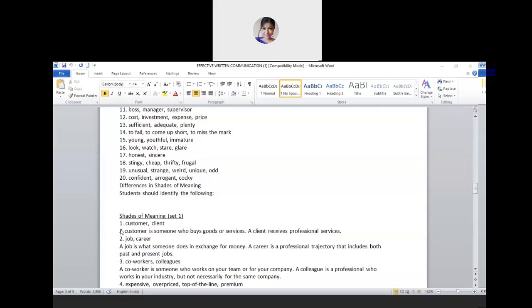So if you are a lawyer and a person comes to you and seeks help regarding law and order, then that person is not your customer. That person is your client. So these words seem similar, sound similar, but have different meanings and must be used in different situations. So you have to read all the words and understand the meanings.